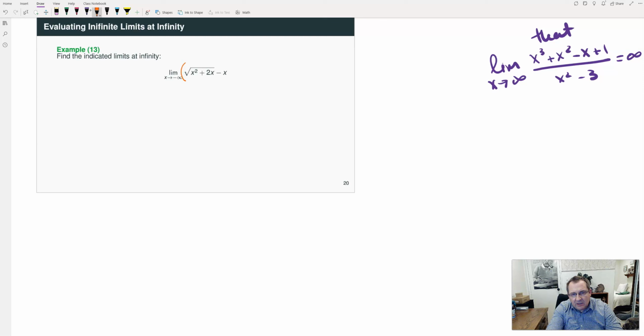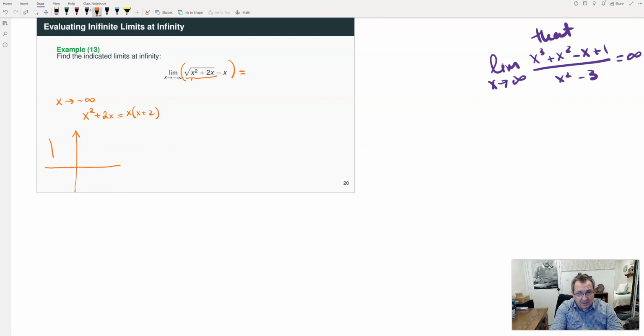We're looking at the limit of the square root of x squared plus 2x minus x as x is approaching negative infinity. So let's take a look. As x goes to negative infinity, what can we tell about x squared plus 2x? Well, let's take a look at the graph of x squared plus 2x. We can factor out x, and we'll have x multiplied by x plus 2.